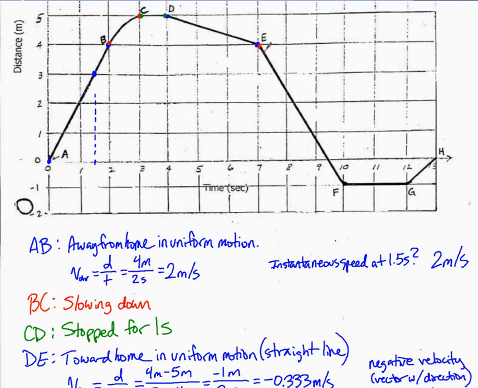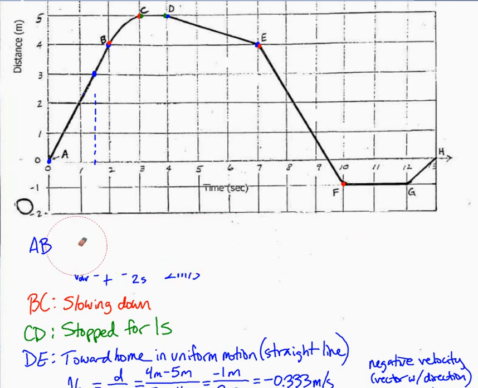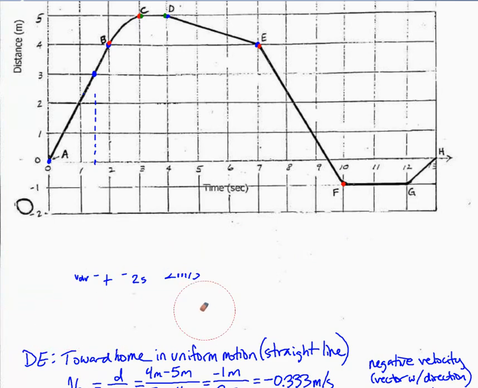For sections E to F, I'm going to erase some of this. Less scrolling. Okay. Section E to F. From E to F, what is happening? We are heading towards home. Here it is.